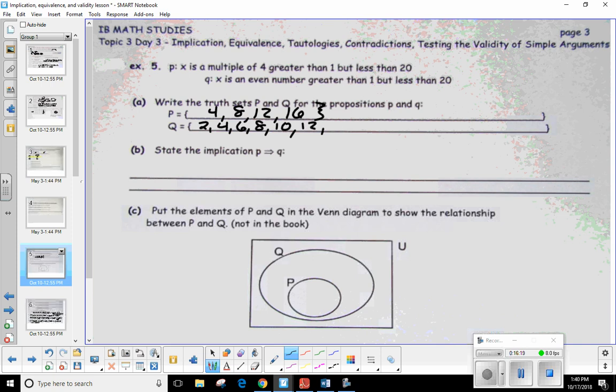Yeah. Moving on. 14, 16, 18, but less than 20. Okay, so we'll stop there. Okay, state the implication. P implies Q. So how would you like me to write this?